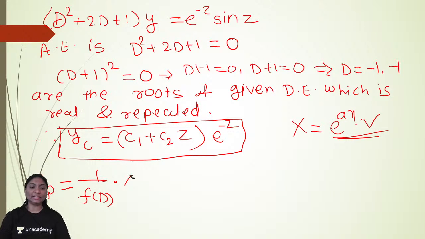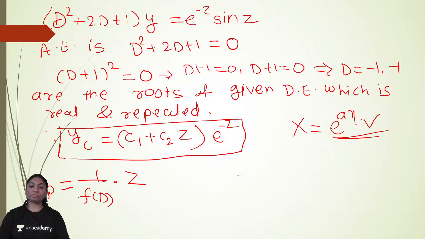Here, instead of x, I am writing z because your differential equation is in terms of z. Don't forget to write the z. Otherwise, if you write x here, your whole answer will be wrong. So yp is equal to 1 upon f of d into z.